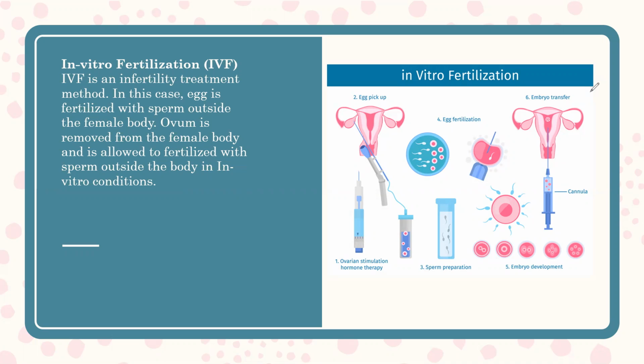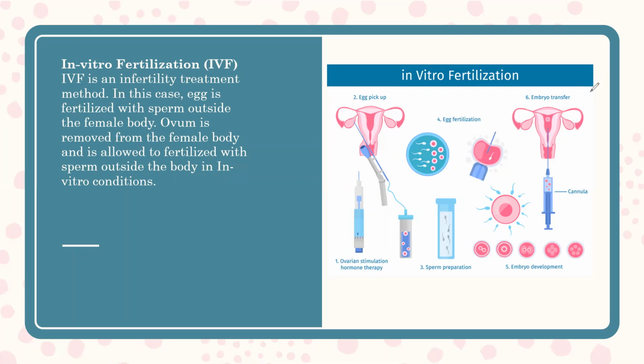Then comes artificial reproductive technology, in that is IVF, which stands for in vitro fertilization. In vitro fertilization is an infertility treatment method. In this case, the egg is fertilized with sperm outside the female body.